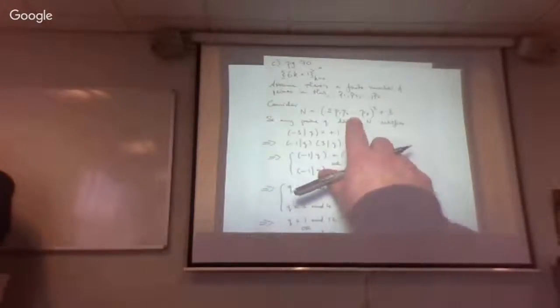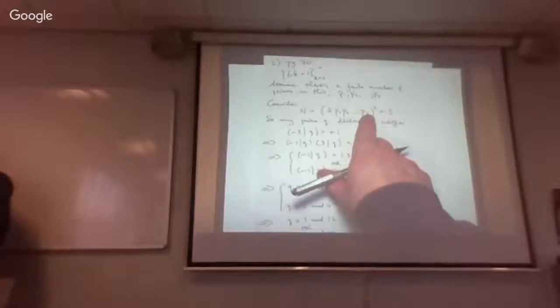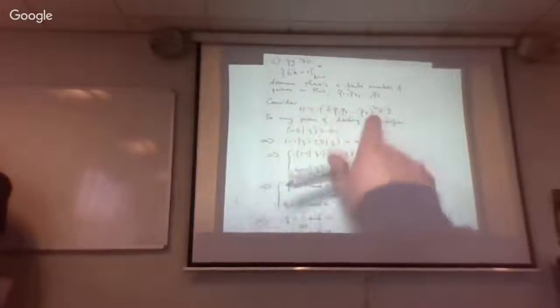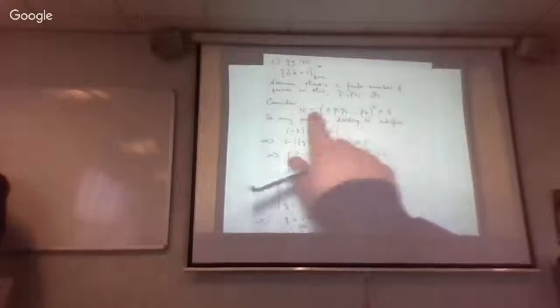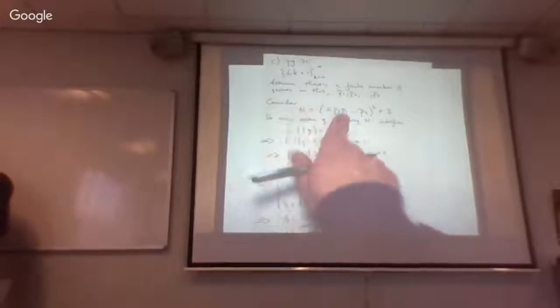Because if Q is one of these PIs, it divides this square thing here. It also divides N, then it also must divide 3, because 3 is N minus this square. They're both divisible by Q, then Q divides 3.